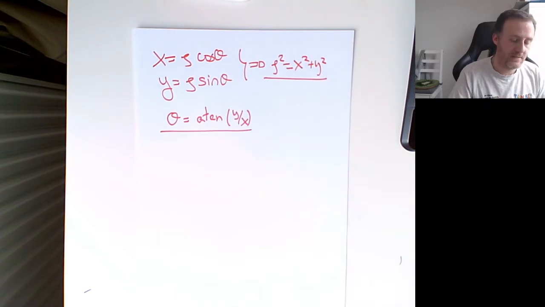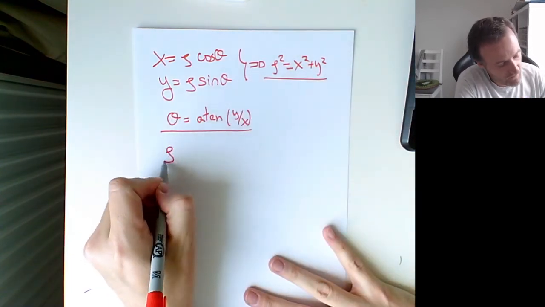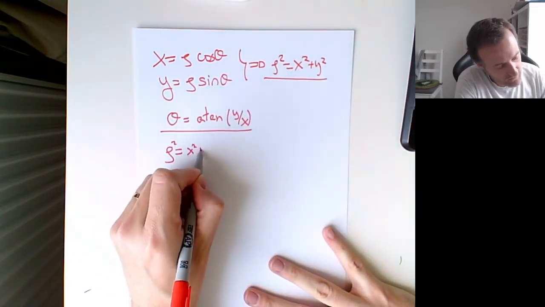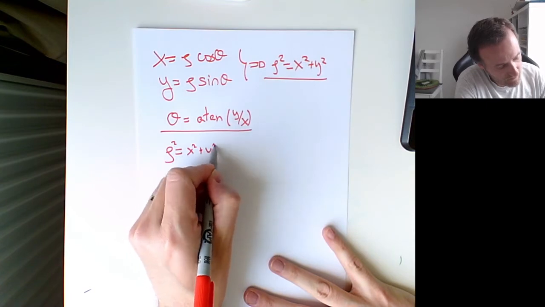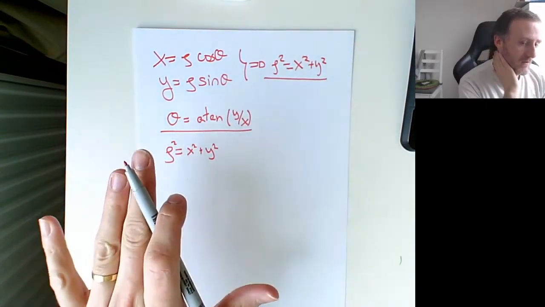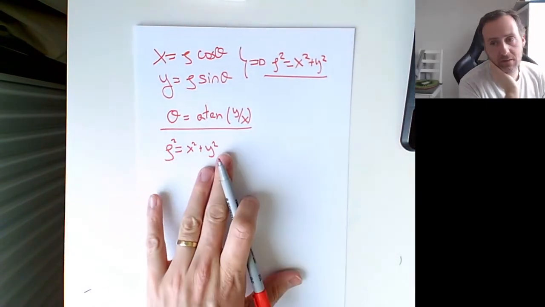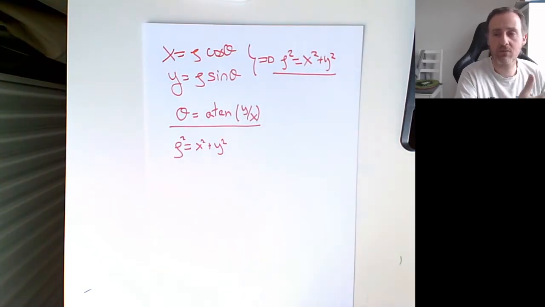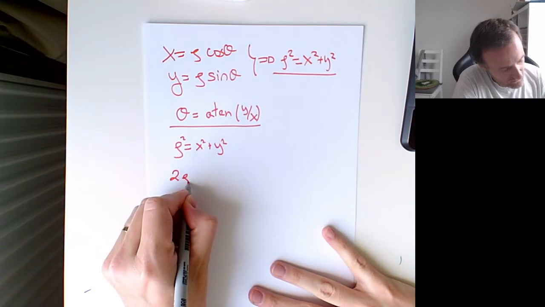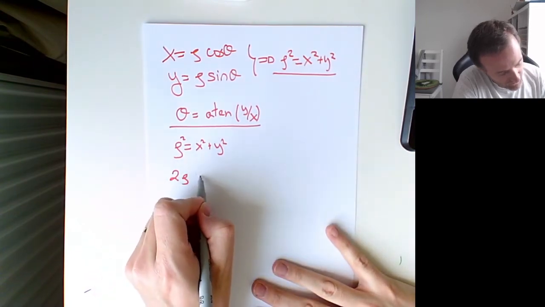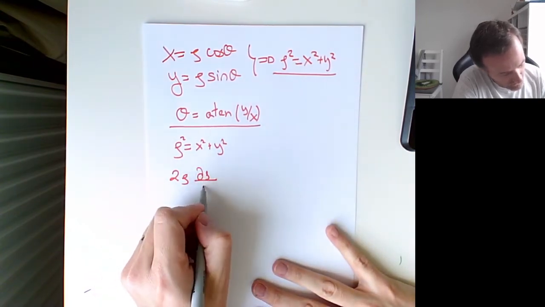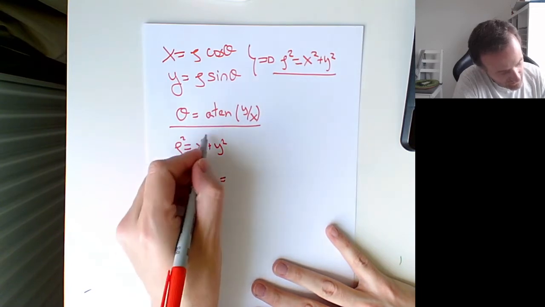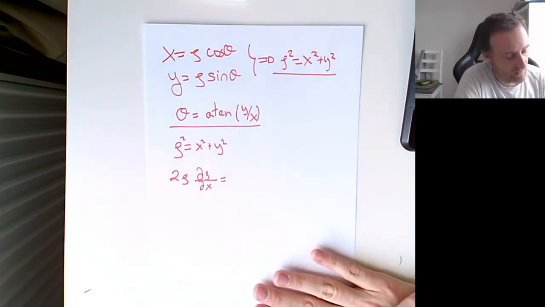So let's deal first with rho. If rho squared is equal to x squared plus y squared, the partial derivative of the left hand side is equal to the partial derivative of the right hand side. So if we perform the partial derivative with respect to x, what we get is 2 times rho times the partial derivative of rho with respect to x, and the partial derivative of x squared plus y squared is 2x.